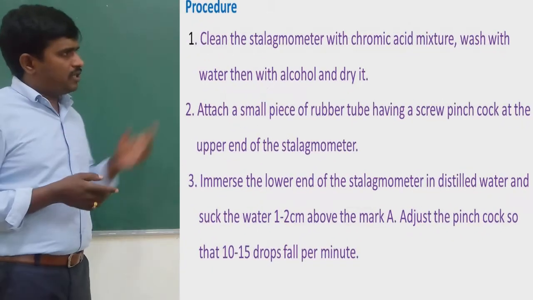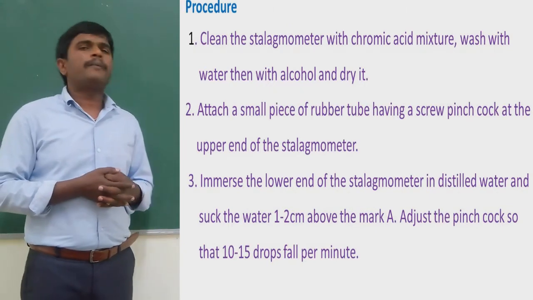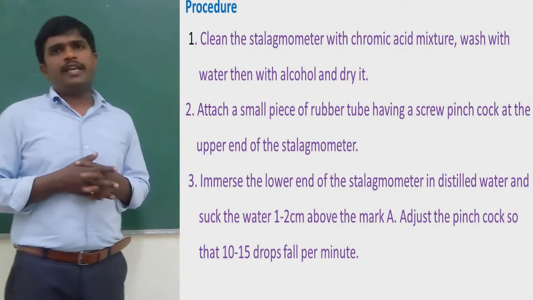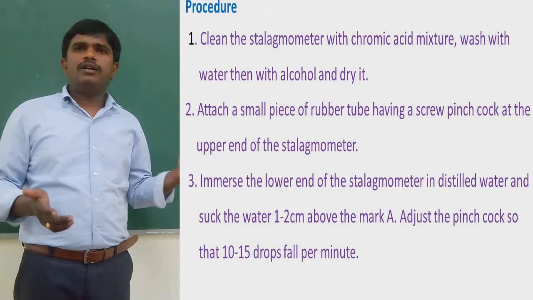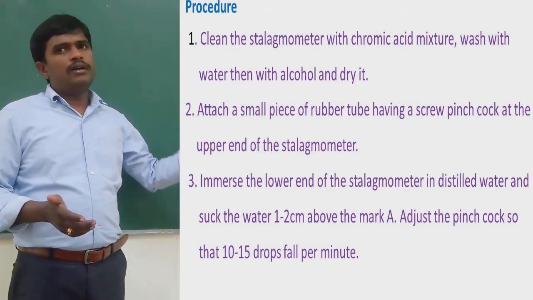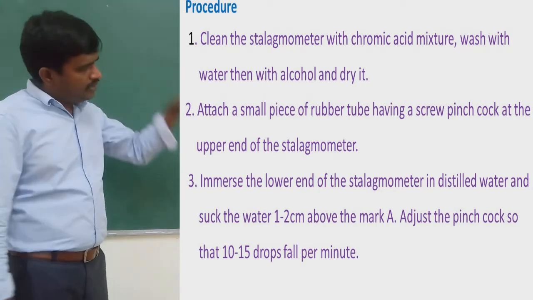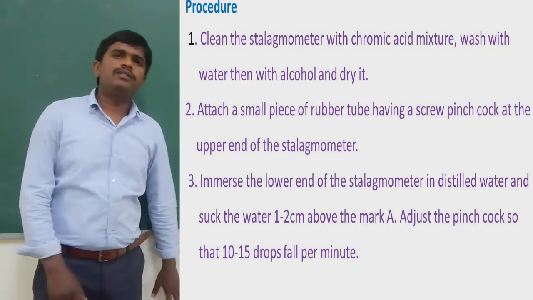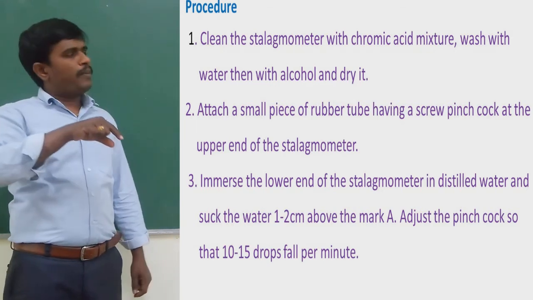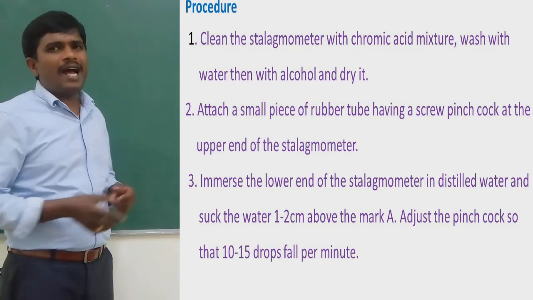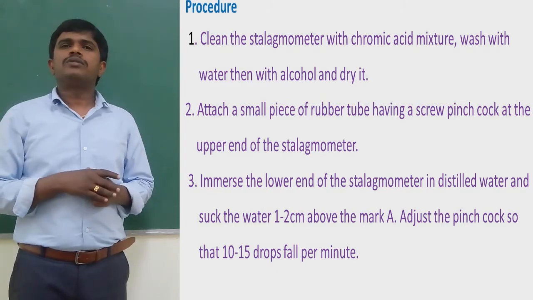Coming to the procedure for this experiment, this is also a very simple procedure as we have seen in the previous case. Again the same: clean the stalagmometer with chromic acid mixture, wash with water, then with alcohol and dry it. Second, attach a small piece of rubber tube having a screw pinch cap at the upper end of the stalagmometer.